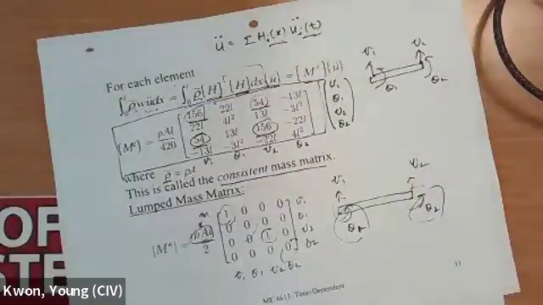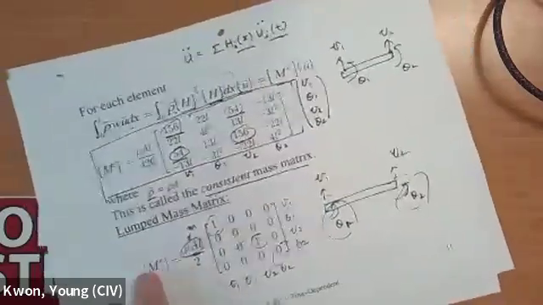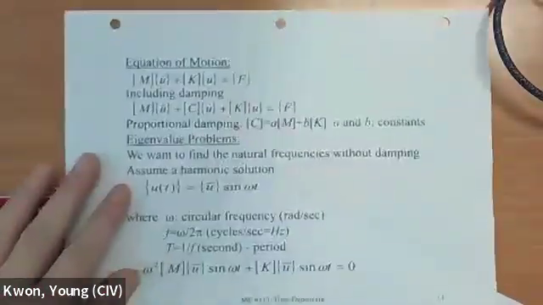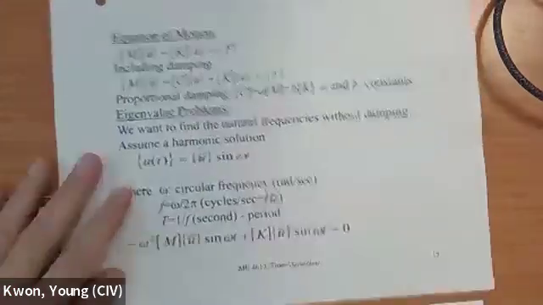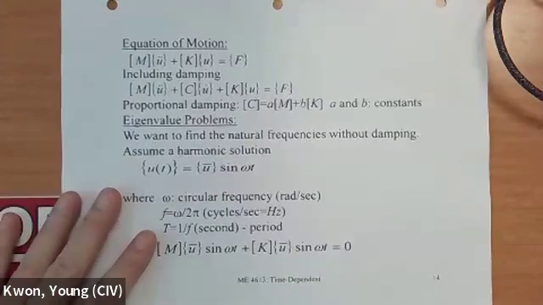All right, then let's look at the equation of motion, especially if you have taken a vibration class or dynamics class, then this will be useful. This is a refresher for you.